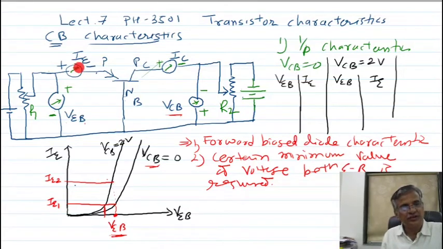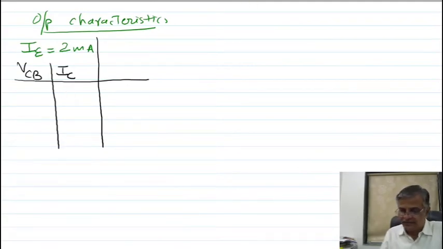So you have to keep 2 milliampere, vary the collector base voltage in a suitable step and note down the value of the collector current. Which voltage? 0.01, 0.02, 0.03, 0.04, 0.05, like so 0.1, 0.2, 0.3, 0.7, 0.8, 1, 2, 3, 4, 5, 6 volt, and note down the corresponding value of the collector current. Repeat this procedure for a different value of the ammeter current.